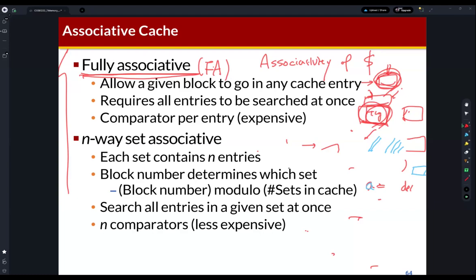If there are 1024 entries in a cache, then we need to compare all 1024 tags in the cache with the tag field of the memory address of the request. So it requires many comparators, and it's very expensive.